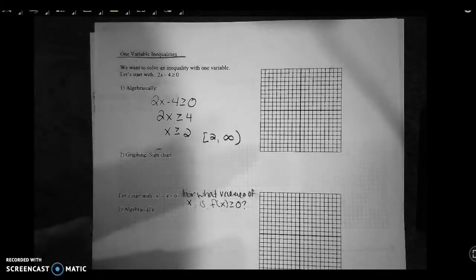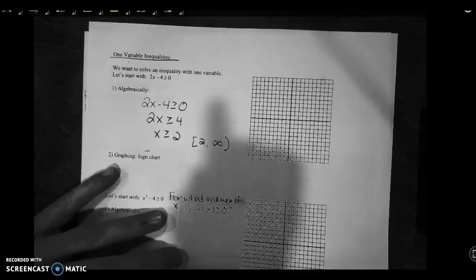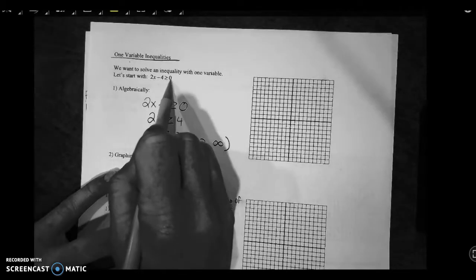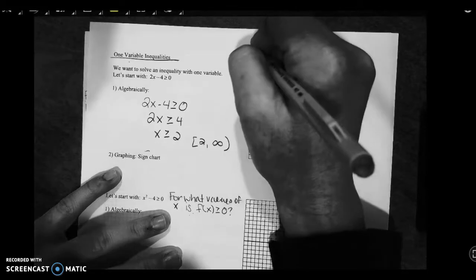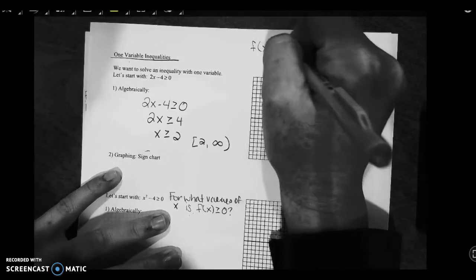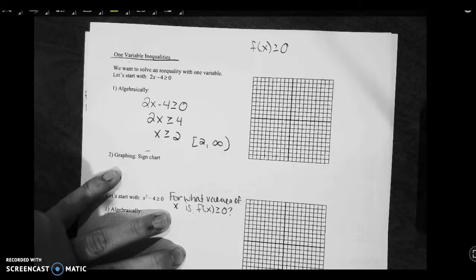We want to look at it graphically as well. You've really been doing this quite a bit throughout the year. Instead of saying 2x minus 4 is greater than or equal to 0, I could have asked you to find where f of x is greater than or equal to 0.